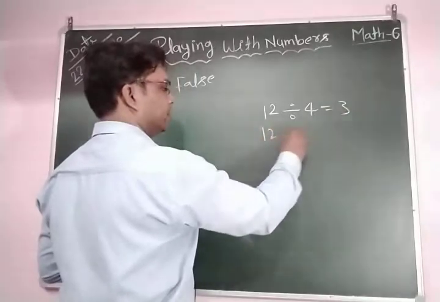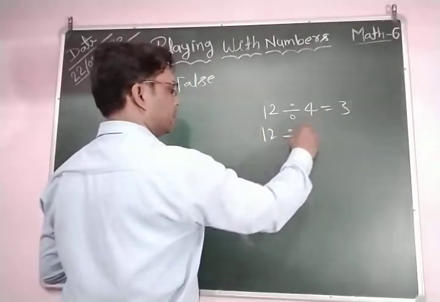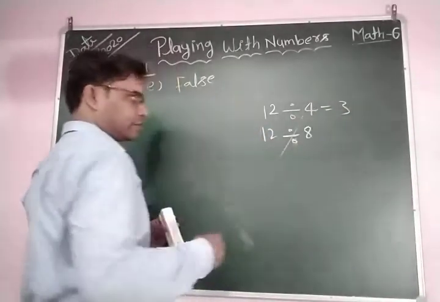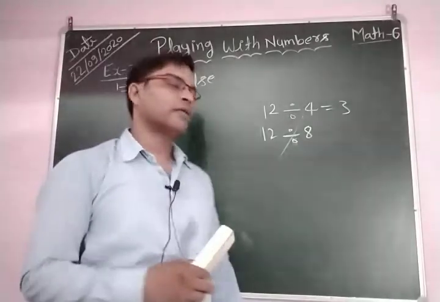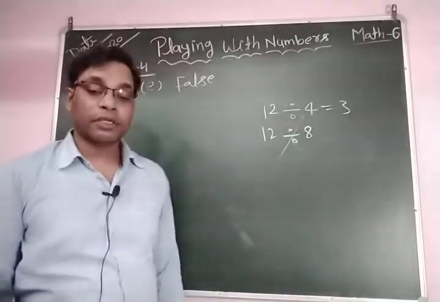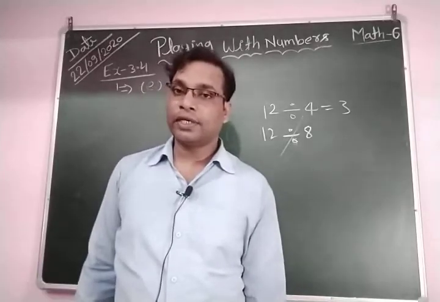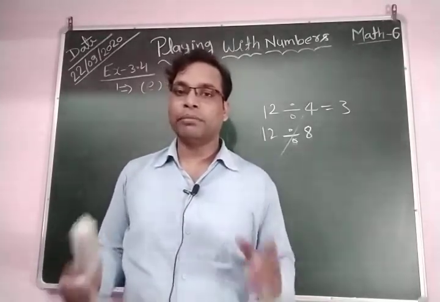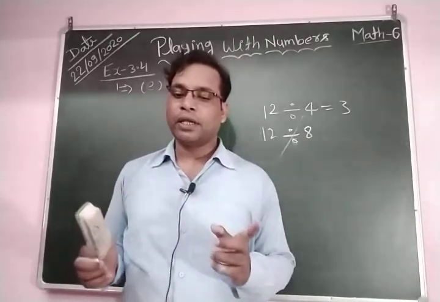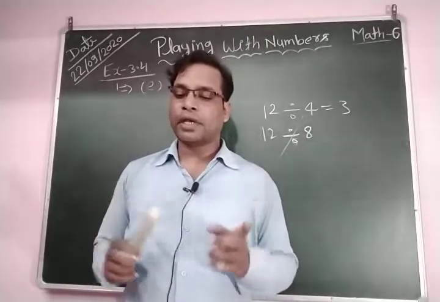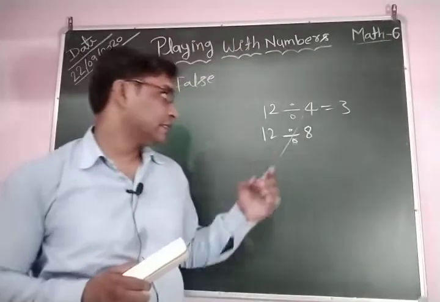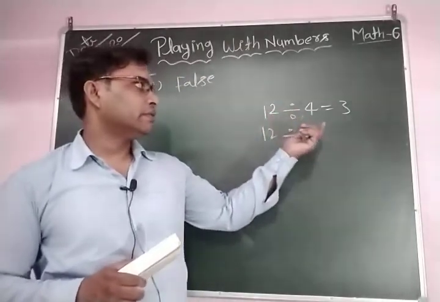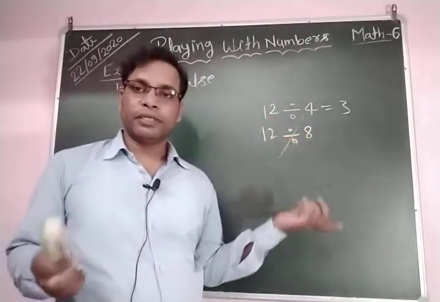But 12 is not divisible by 8. Our statement says that all the numbers which are divisible by 4 must also be divisible by 8. But here you can see 12 is divisible by 4, but not by 8.